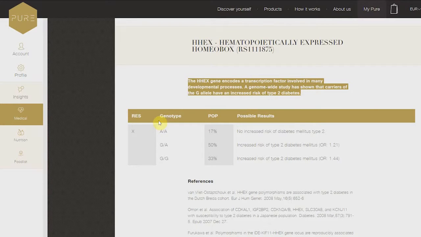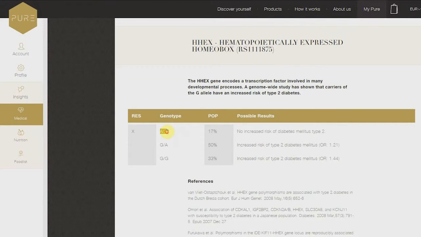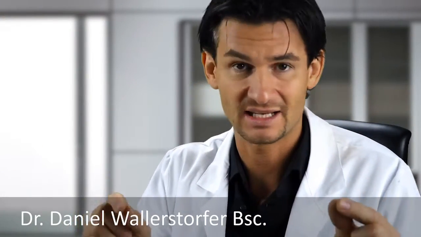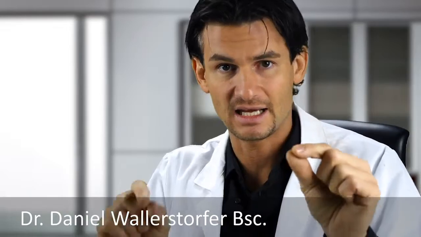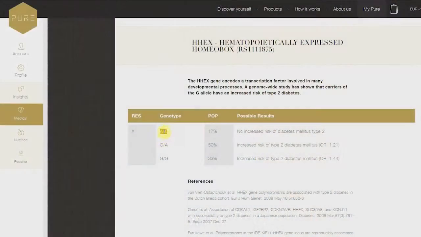This, in this example, is a diabetes gene, and you can see that there are three possible outcomes for this gene. This genetic variation might have an A on both positions, so both copies of this HHEX gene might have an A at a certain position. This is what A/A means.